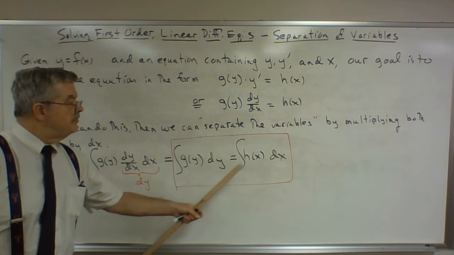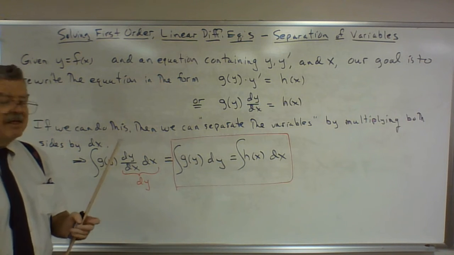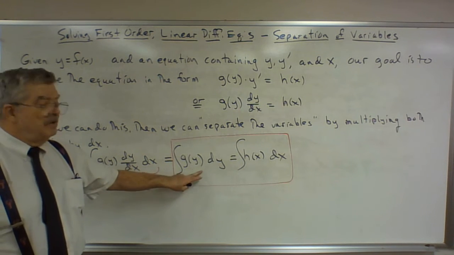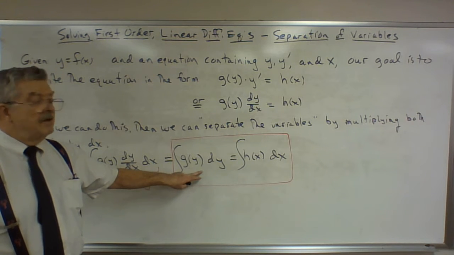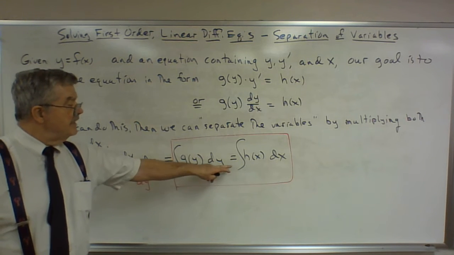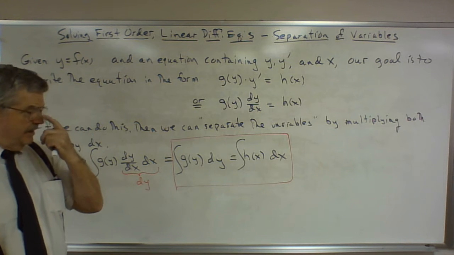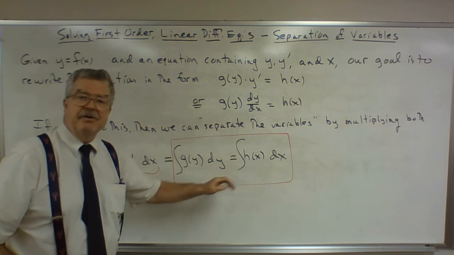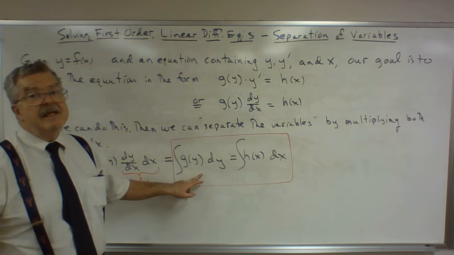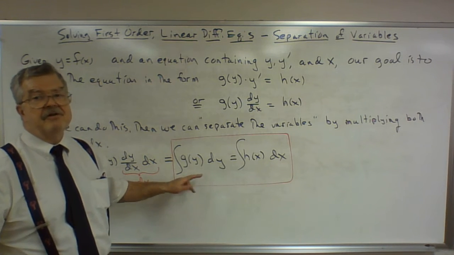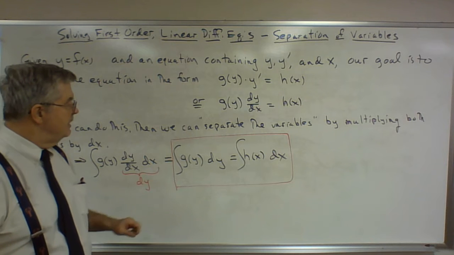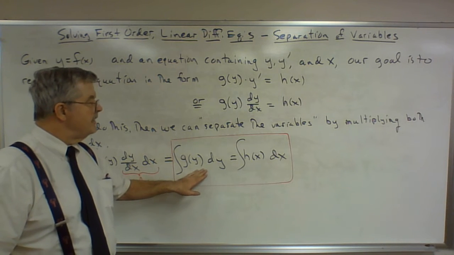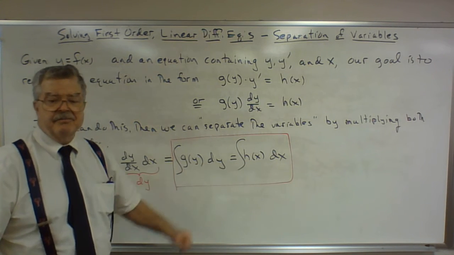Once we compute these integrals, this equation will give us y in terms of x. Now, the equation that we get from performing these integrals may give us y implicitly as a function of x, but it will nonetheless give us y as a function of x.